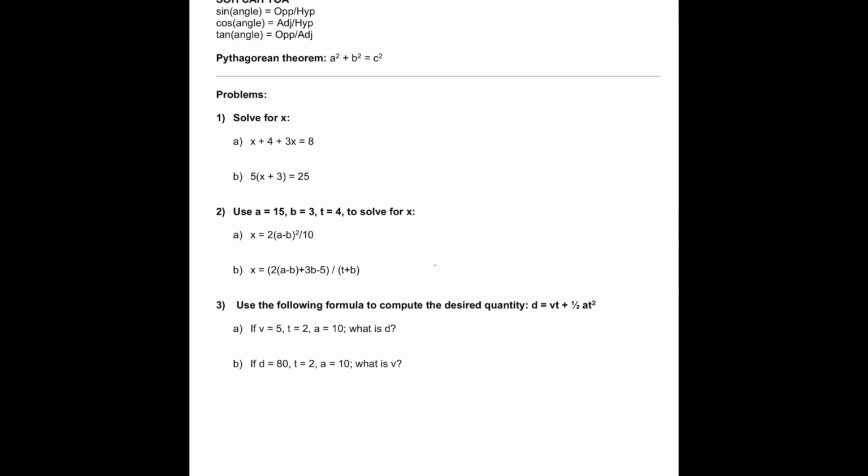So for part A, since we are solving for x, obviously we want to get the same variables on each side. In this case, we have x and 3x and 4 on one side. So let's get 4 on the other side by subtracting since it's positive. So we just get it canceled. And then we can combine these two as well.